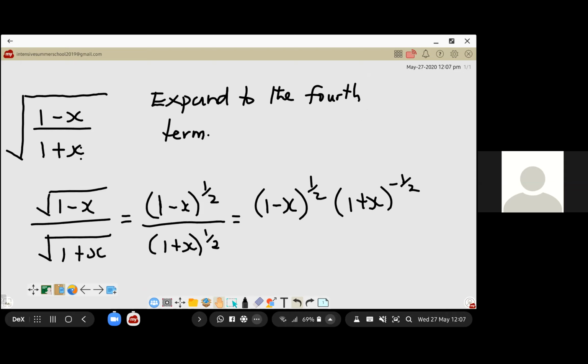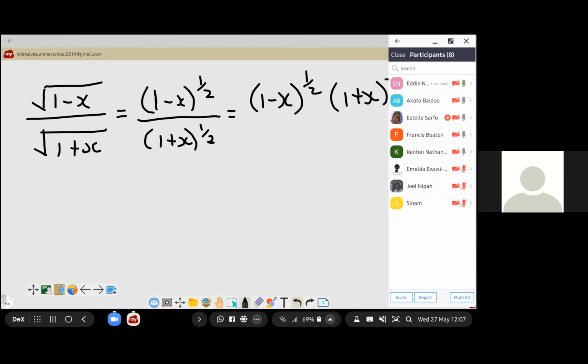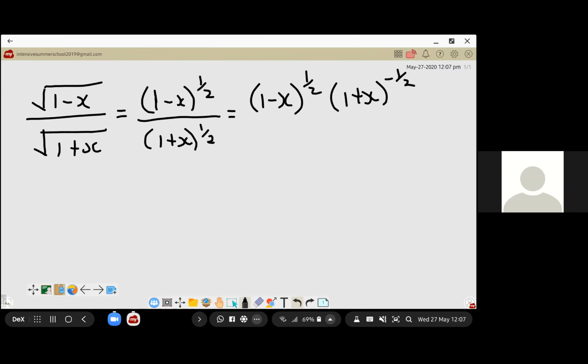So which binomial theorem are you going to use? (1 plus x) to the power n.